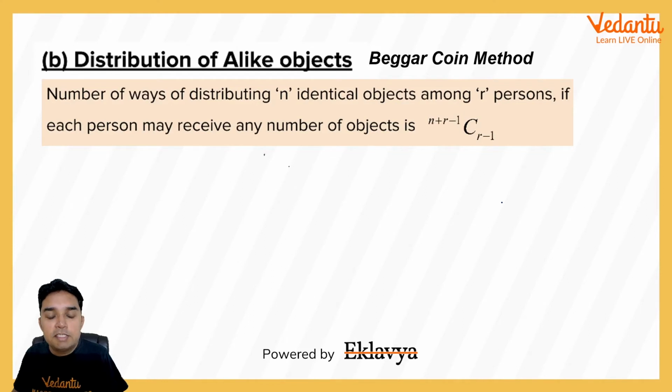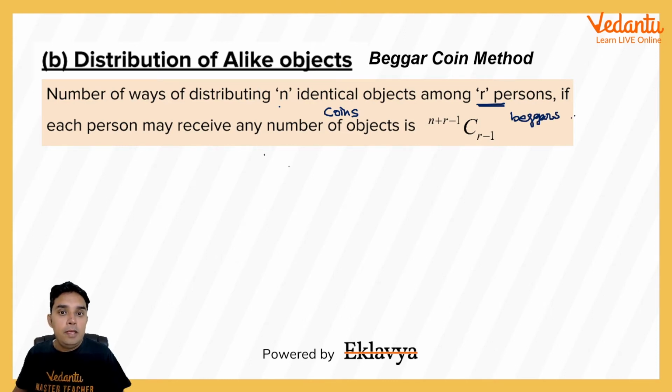Now coming to distribution of alike objects, also known as the beggar coin method. What is the beggar coin method? Please understand. Here we are distributing n identical objects, read this as coins, among R persons, and then call these R persons as R beggars.